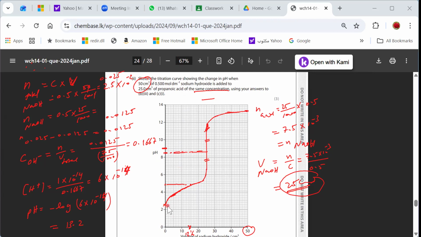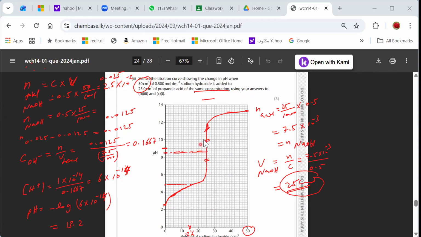It was 2.8803. So we have to draw a rise in pH. And when we calculated the equivalence point, we found it to be 25, from what they gave us, that the pKa is at a certain value. So we have to multiply it by 2 to get the equivalence point.